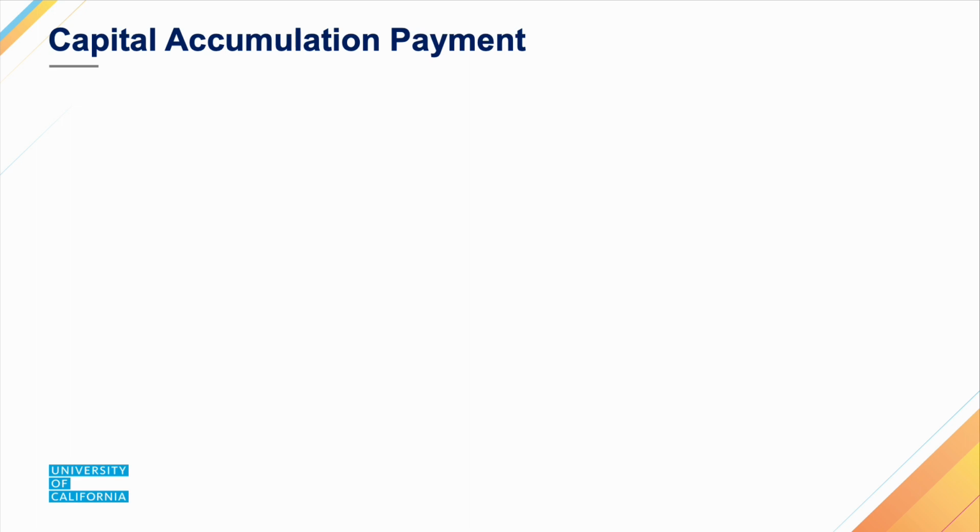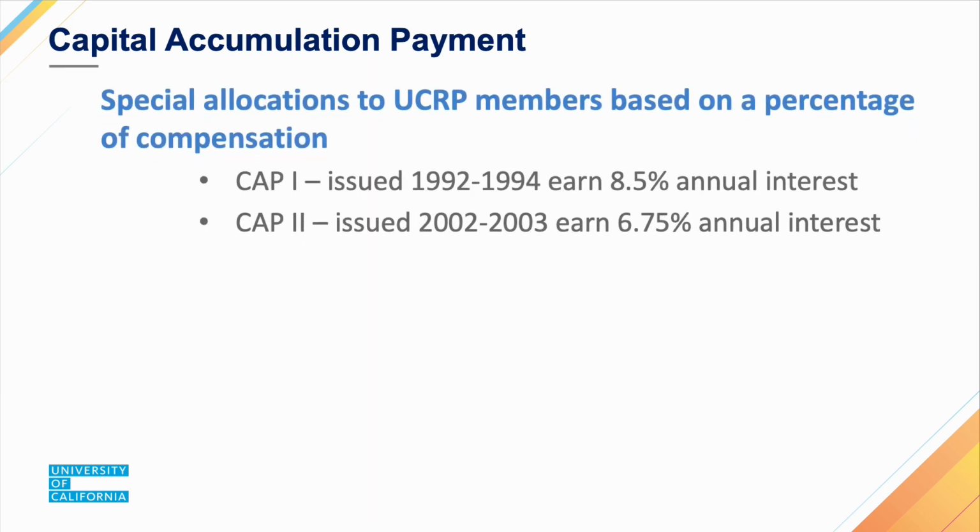Now, if you worked at UC in the early 1990s or 2000s, you may have received one or more CAP allocations during those years where there was a state budget crisis that led to salary freezes and time reduction programs. Eligible employees receive these allocations from UCRP based on a percentage of their covered compensation earned during specified periods.